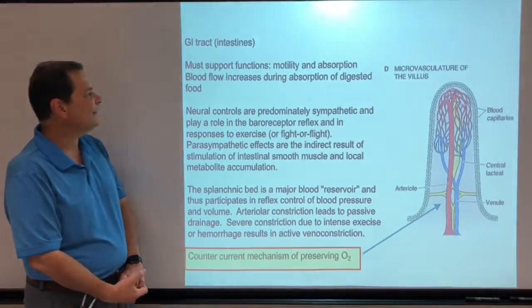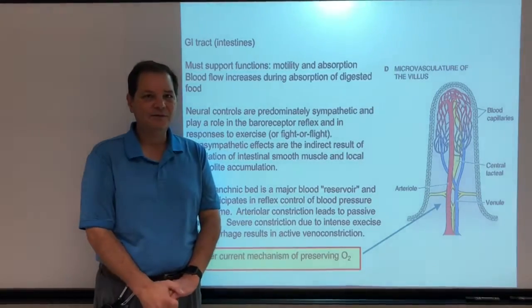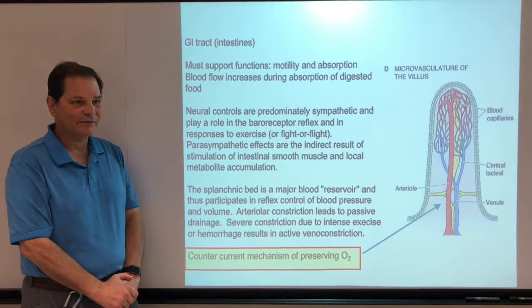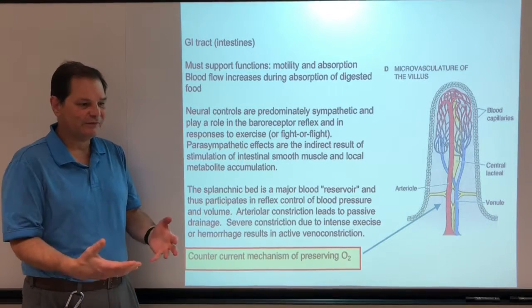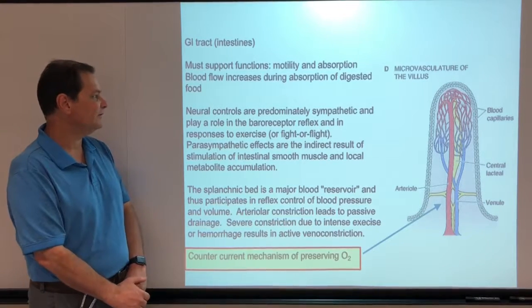And the reason for that is because you're increasing the activity of the smooth muscle, and then you get an increase in blood flow relative to that. So more smooth muscle activity and more metabolites, your local controls, allow increased flow.